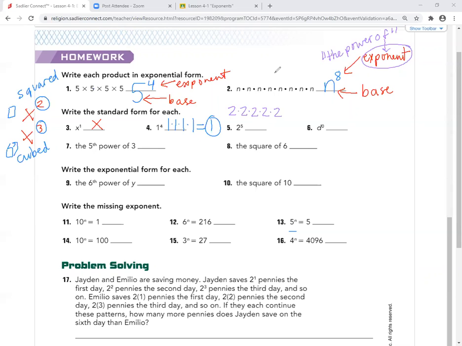Now let's calculate that. What is 2 times 2, class? Times 2 more. Times 2 more. 32, exactly. Great job. So 32 is the standard form of 2 to the 5th power.